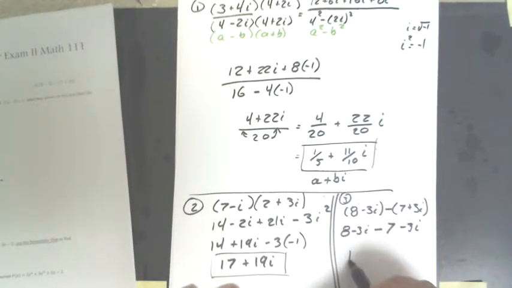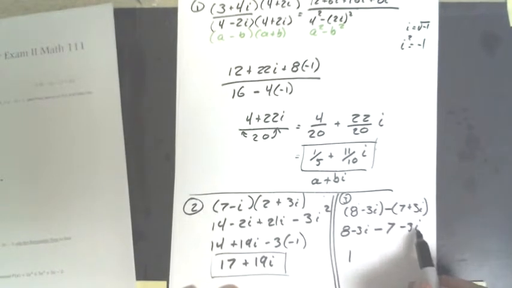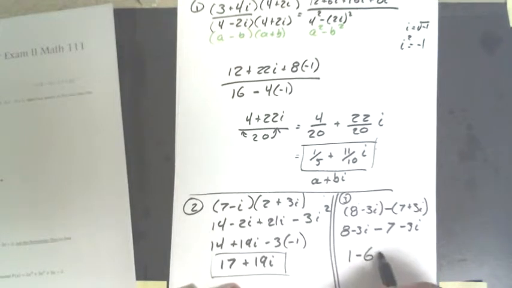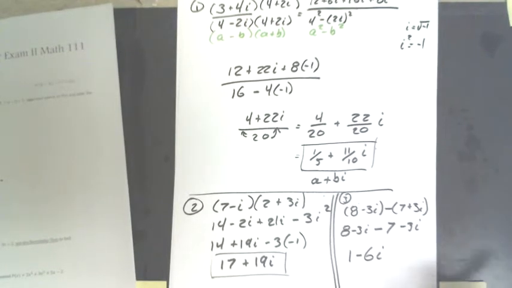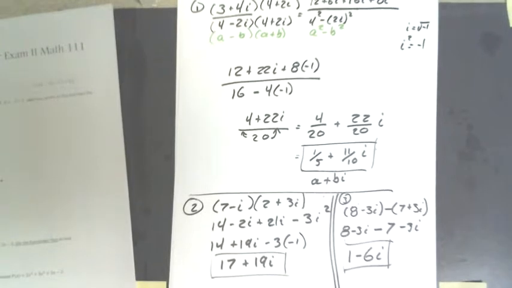8 minus 7 is 1. -3i minus 3i is -6i. Yeah, -3i minus 3i is -6i. Now that's it. It's the same thing you'd get if you had 8 minus 3x minus 7 plus 3x.